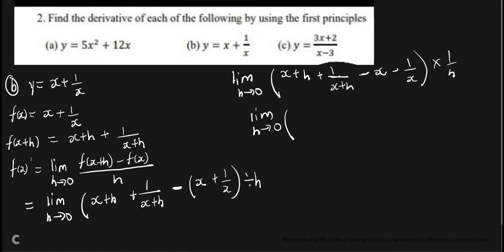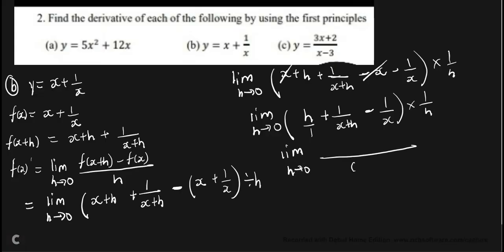Then this x and this x will cancel. What you remain with is h plus 1 over x plus h minus 1 over x, then times 1 over h.